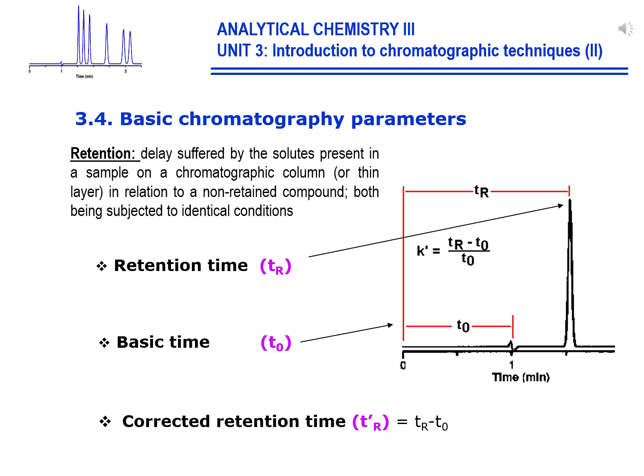According to this, the first parameter to talk about is retention time, which is the time it takes for the maximum of the peak to appear. The basic time, T0, is the time it takes for a non-retained compound to appear. And the corrected retention time of a solute, Tr', is the retention time minus the basic time.